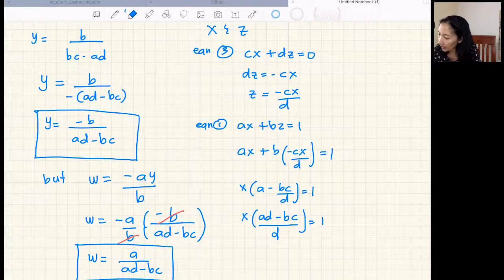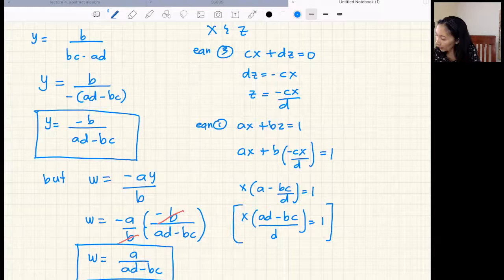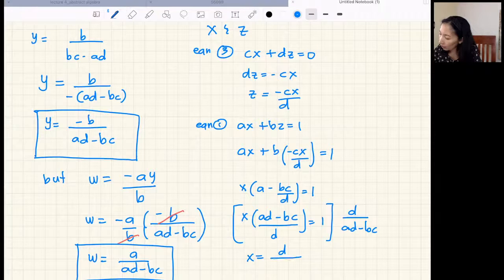Now, multiplying both sides by D all over AD minus BC, what is X equal to? X equal to D over, this will cancel out now, AD minus BC. So now we have X.